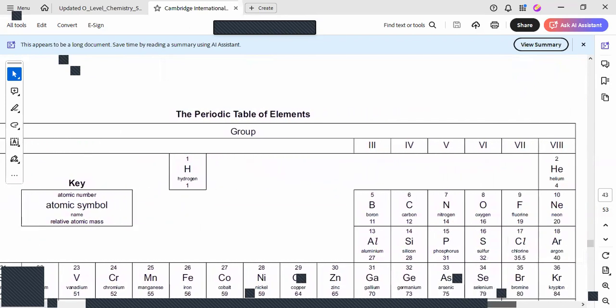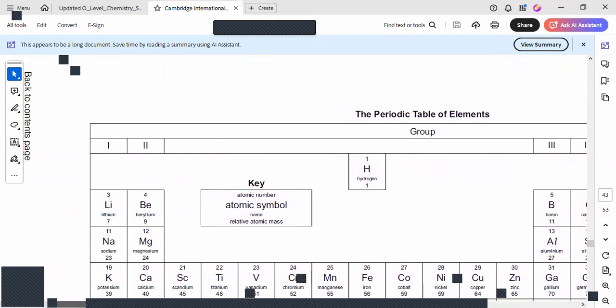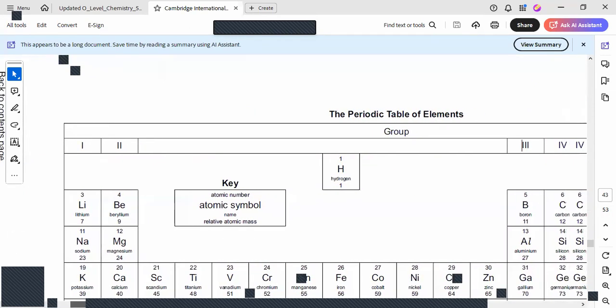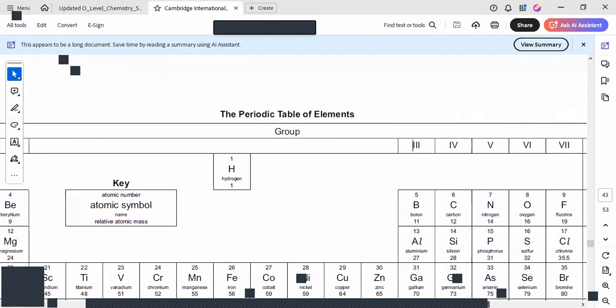Lithium, beryllium, boron, carbon, nitrogen, oxygen, fluorine, neon, sodium, magnesium, and then aluminum, silicon, phosphorus, sulfur, chlorine.